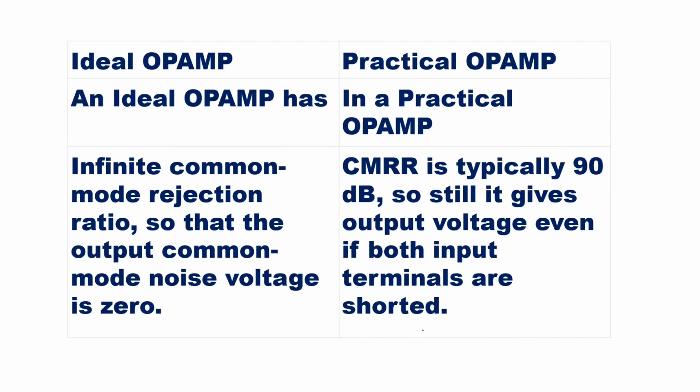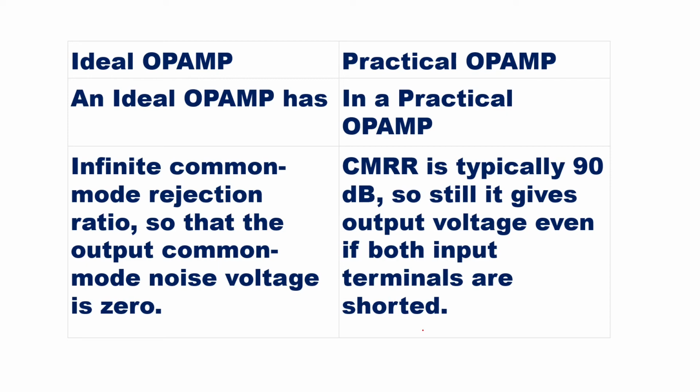So in an ideal op-amp the bandwidth is infinite, and in a practical op-amp you have a certain range of bandwidth. Then if you look at the common mode rejection ratio, ideally it is infinite. That means the output common mode noise voltage is zero. If common signals are given to the two inputs of the op-amp, the output should be zero. So infinite common mode rejection ratio. Whereas practically CMRR is typically 90 decibels. So still it gives output voltage even if both input terminals are shorted.